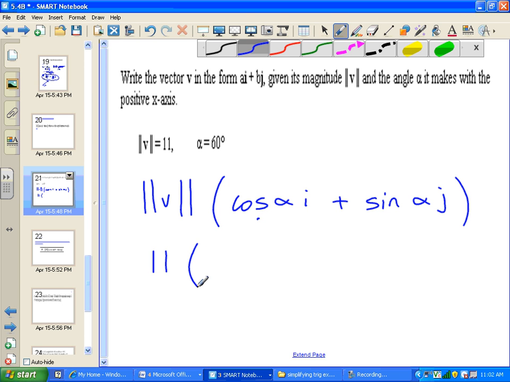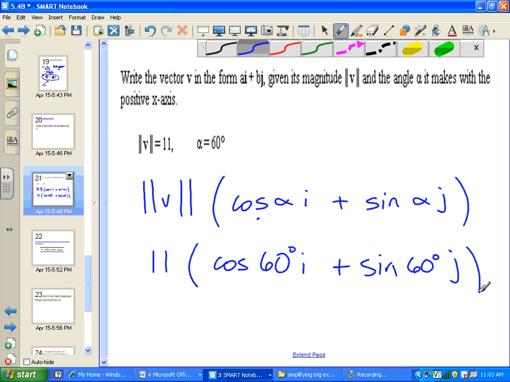So, 11 times. Now, y'all see what alpha is going to be? It says it there. What, 60 degrees? 11 times the cosine of 60 degrees i plus the sine of 60 degrees j.